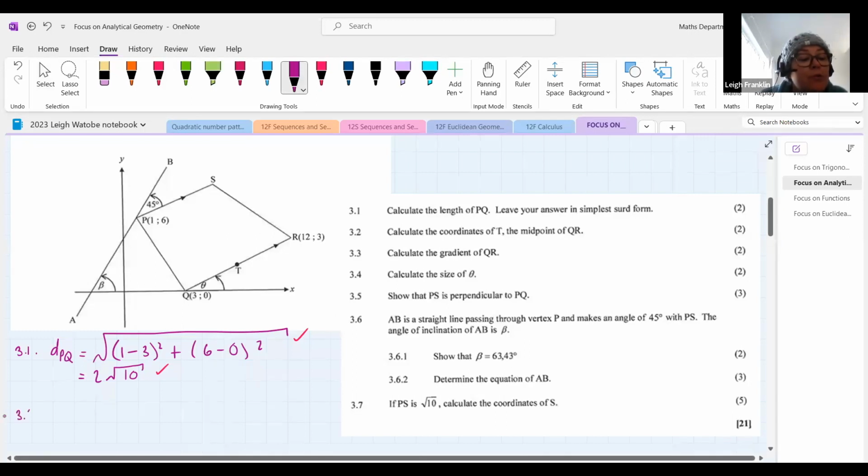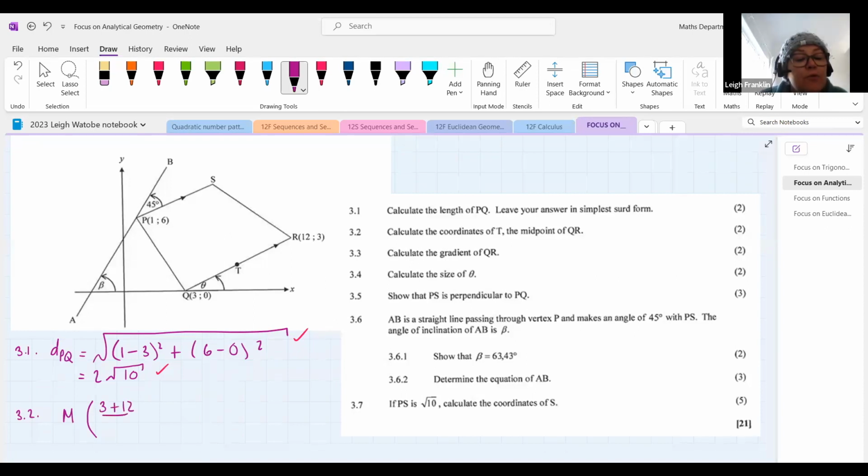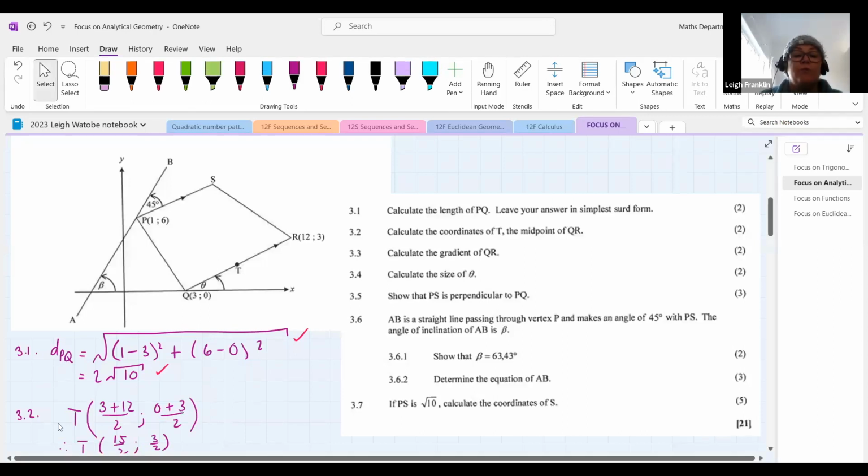So subbing into the midpoint formula. All right, so of QR, that would be 3 plus 12 over 2 for the x coordinate at T, and 0 plus 3 over 2 for the, oh sorry, I should put T there because we're actually calculating the coordinates of T. And that means the coordinates at T are going to end up being 15 over 2 and 3 over 2.